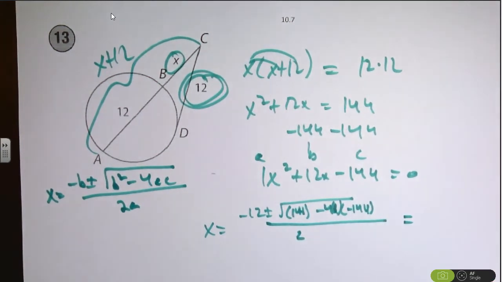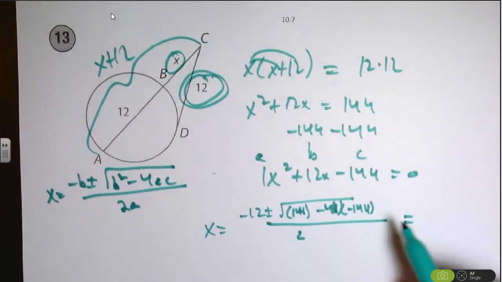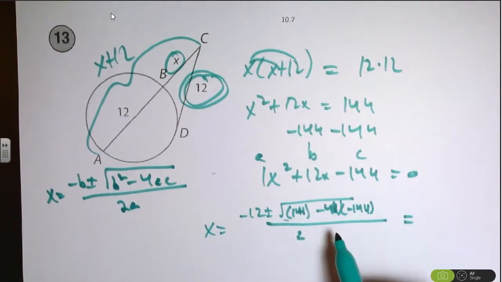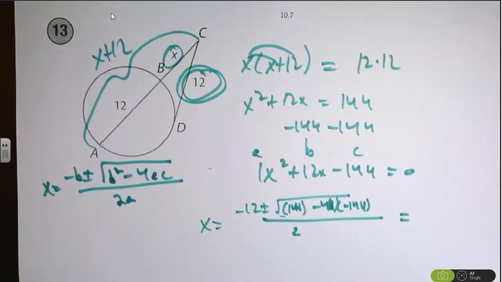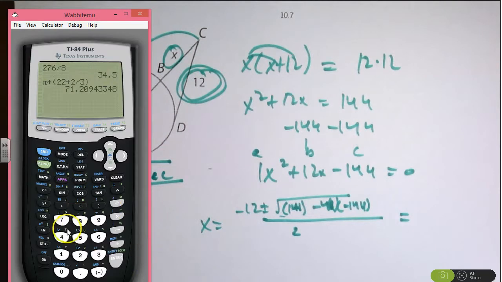I'm just going to throw this in the calculator real quick. I know this is going to be the negative 12 plus this guy, because otherwise it's a negative. Negative 12 plus the square root of 144 minus 4 times 1 times negative 144.